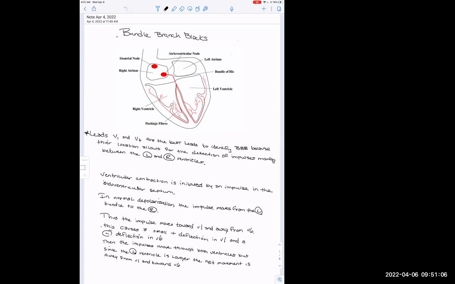Okay, so let's remember that, for an analogy, we are taking a trip to Albuquerque. What would be the fastest way to Albuquerque? Would the fastest way be I-25?